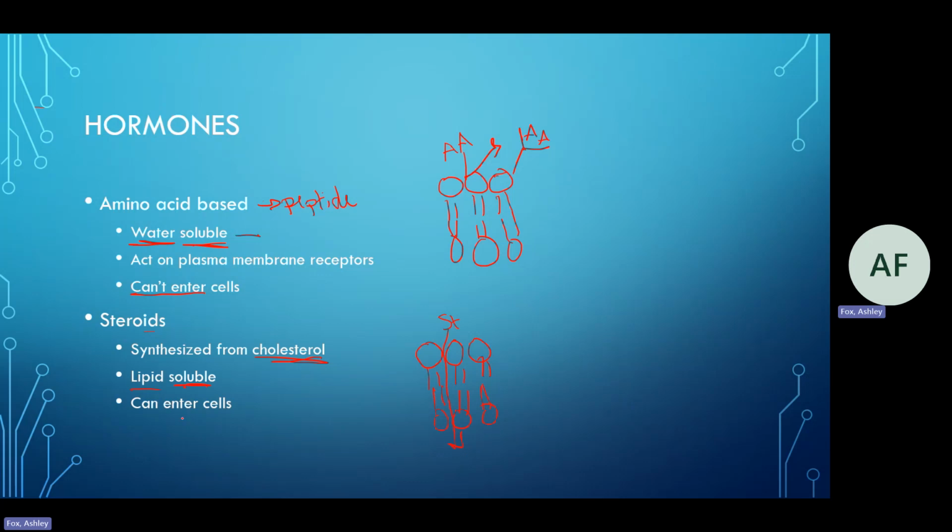So they can go intracellular, inside the cell. You can imagine the water-soluble ones have receptors on the plasma membrane, while the steroids are going to have intracellular receptors. So they can go inside and have the receptors in the cytoplasm.